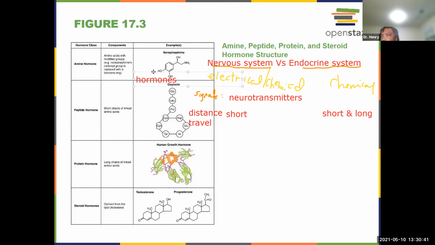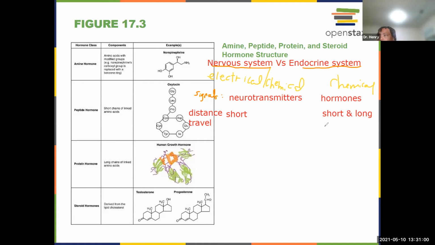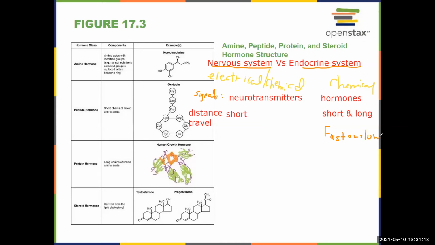Okay, what about the response? Are they going to be fast, slow, or both? For hormones, I think they would be mostly slow, right? Well, we have some that are going to be fast, but some of them are going to be slow. It just depends on which process we're looking at. Would the growth hormone be a fast one?